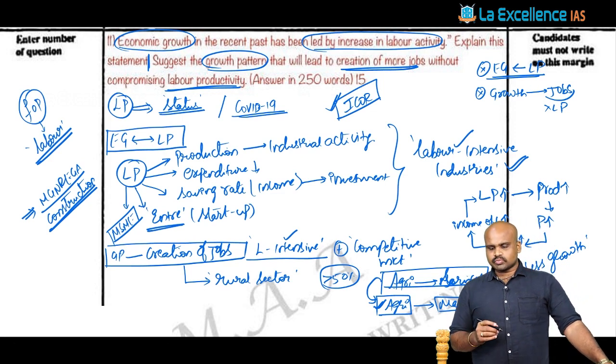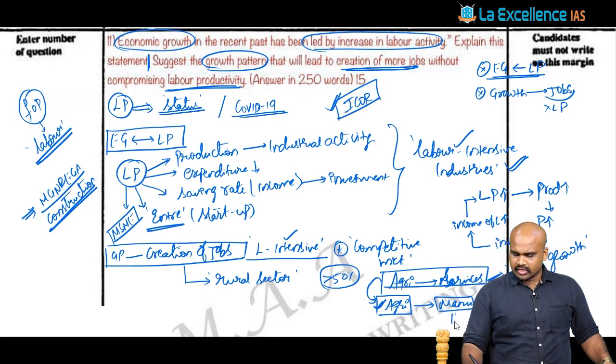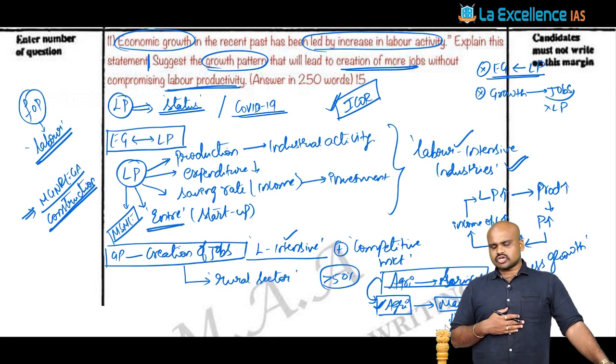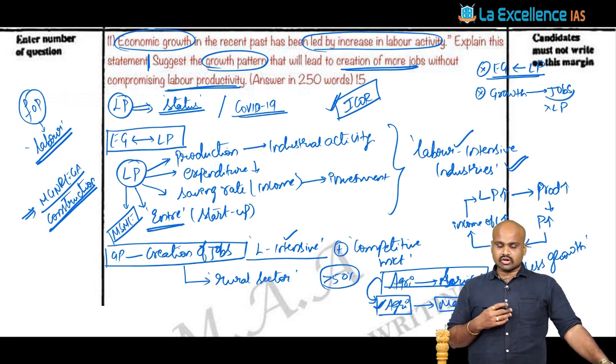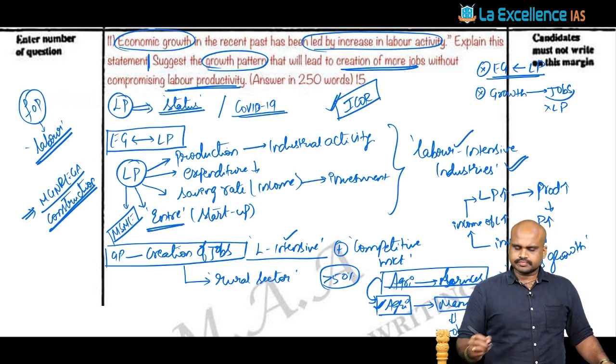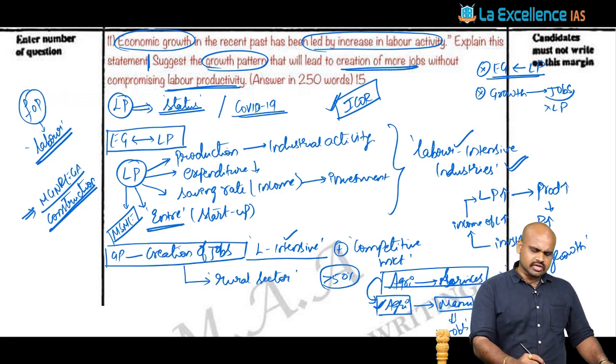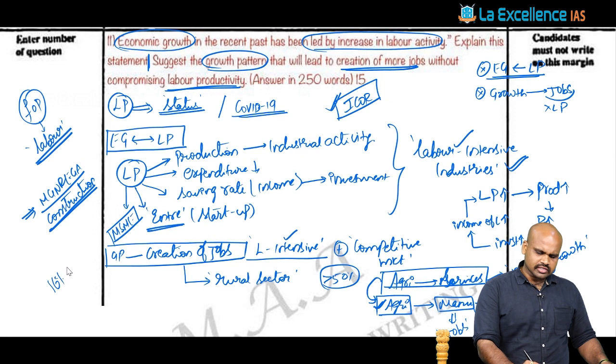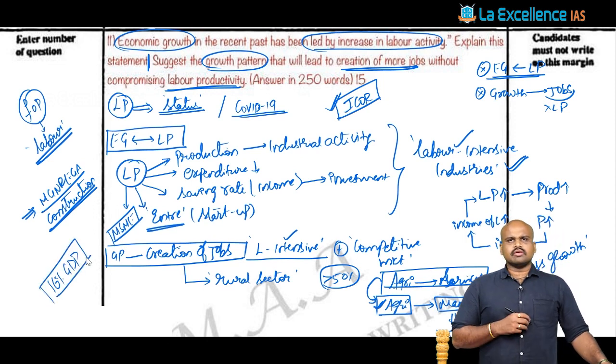Because with that kind of transition only will we be able to generate the jobs, without affecting the labor productivity, and with an emphasis upon the production systems and the MSMEs. When you look at the Indian context of manufacturing, it is around 16% of GDP, which has been stagnant.